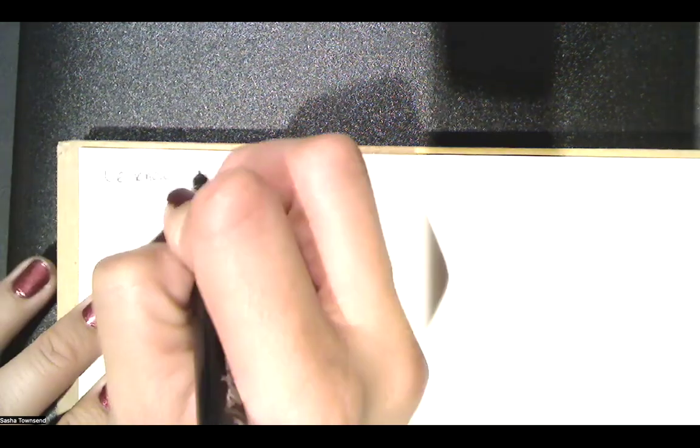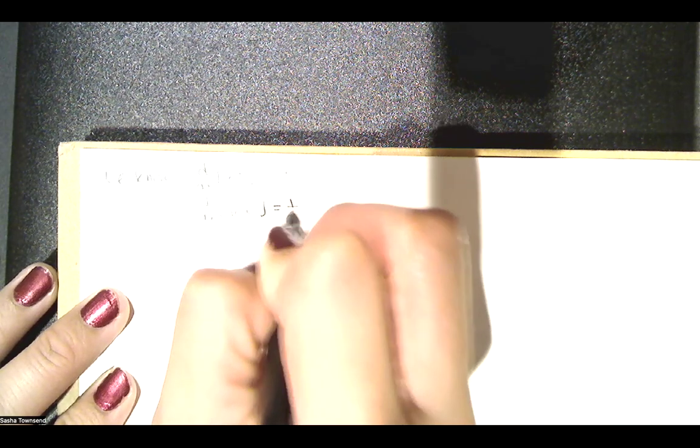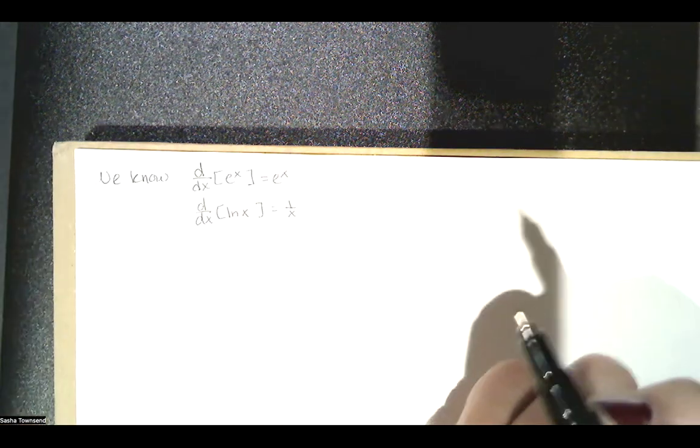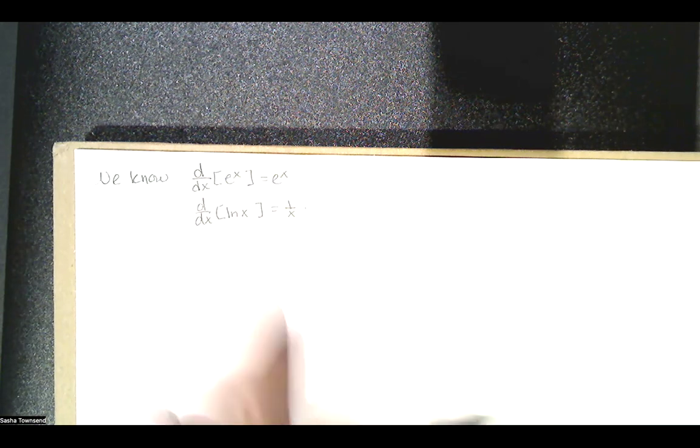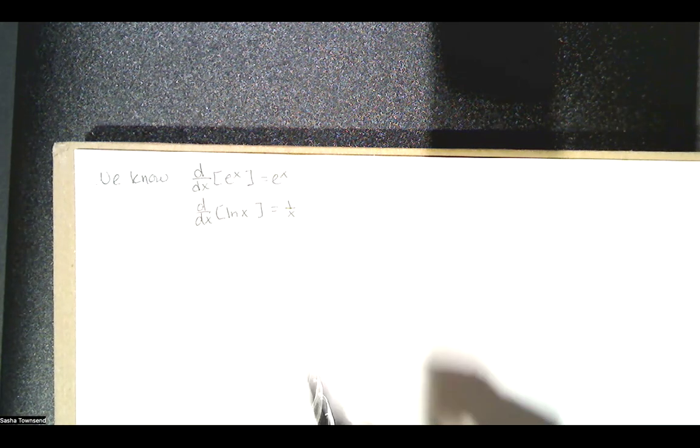Now, we already know a few things about e to the x. We know that the derivative of e to the x is e to the x. And we've already talked about the fact that the derivative of natural log of x is equal to 1 over x. So we know that those things are true. But you might say, okay, since those are inverse functions of each other, can I derive that another way?